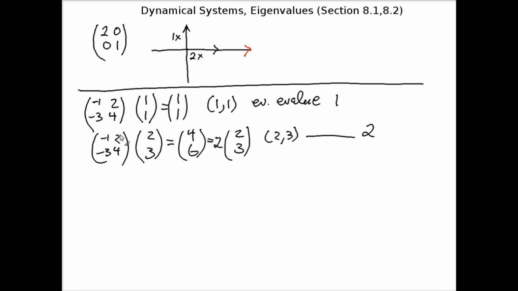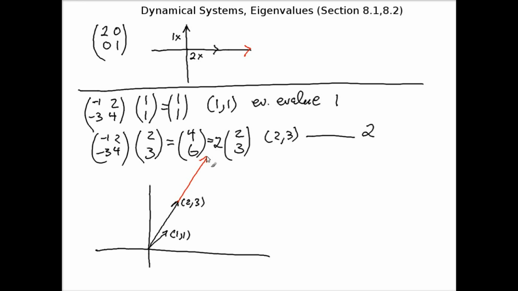Now, I think you can see by this example, it's not so obvious how to find these things. We'll talk about that. But in any event, I want to draw a picture. Take the vector 1, 1, let me draw it a little smaller so I have room, and take the vector 2, 3, and we're multiplying by a factor of 2.